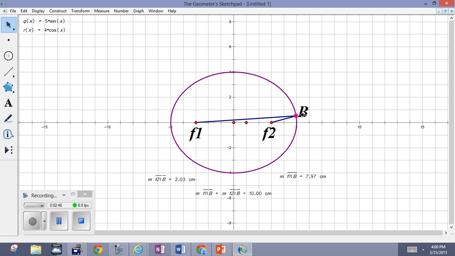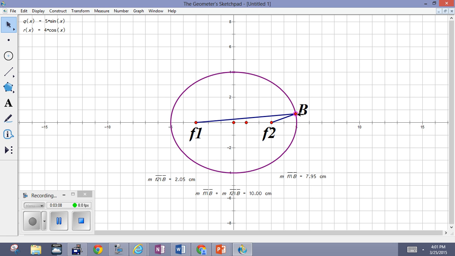BF2, when down here, is just that distance, in this case 2 units. BF1 would be, in fact, 8 units, because it would be running from, as you can see, just 8 units there.